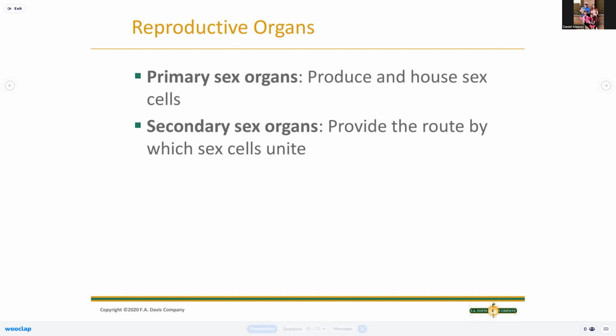You need a uterus, the fallopian tubes, this whole system for the female is part of it. Ducts, glands of the penis that help produce semen, the liquid that helps the swimmers get where they're supposed to go. All those are important, but those are secondary sex organs. Primary is talking about just the testes, just the ovaries, okay?